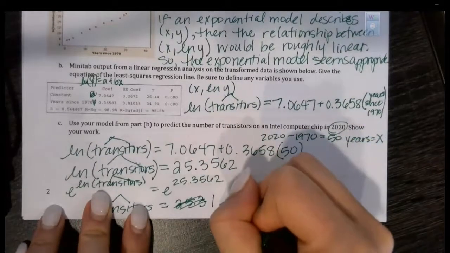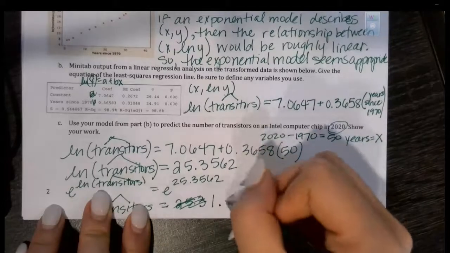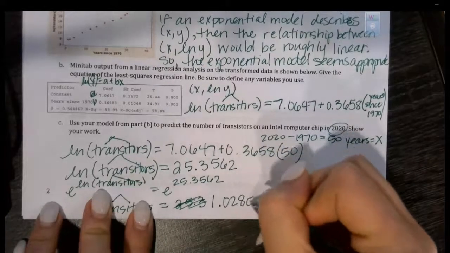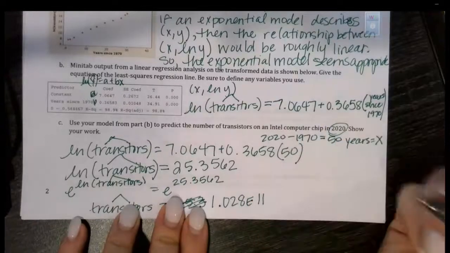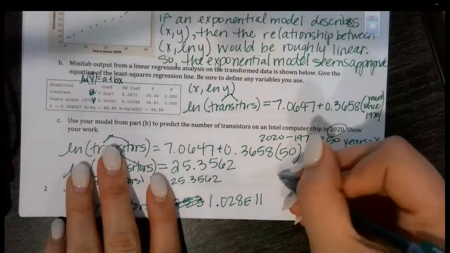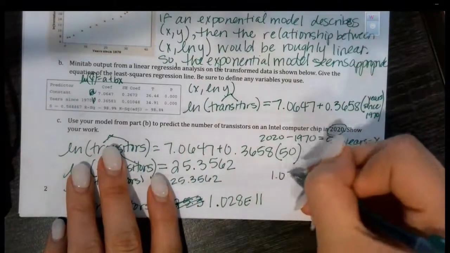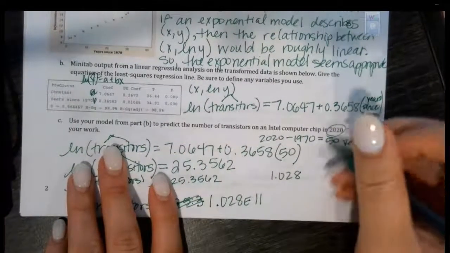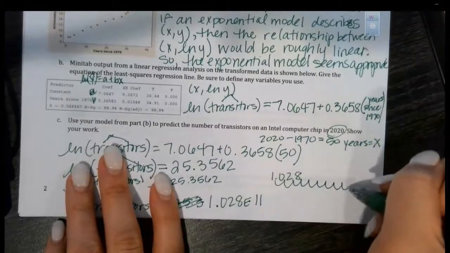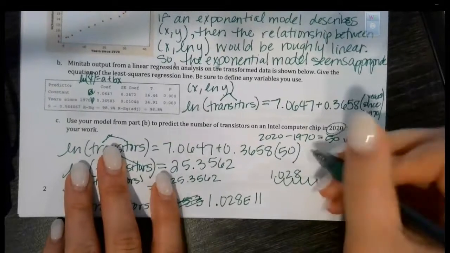If you type this in on your calculator, you get 1.028 e to the 11th, or move the decimal place over 11 times, and so that would be 1.028, and then that's 1, 2, 3, 4, 5, 6, 7, 8, 9, 10, 11.